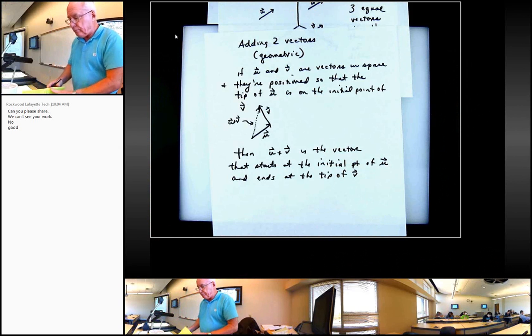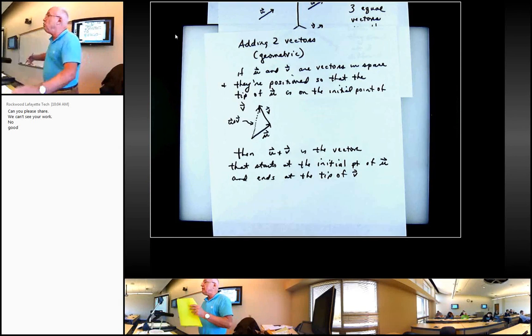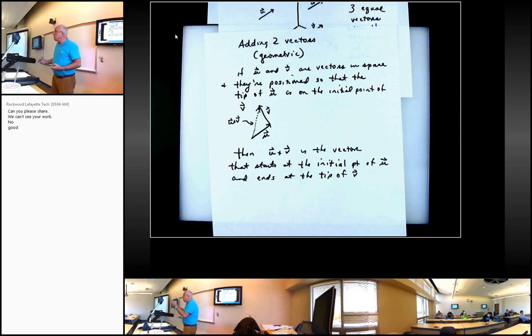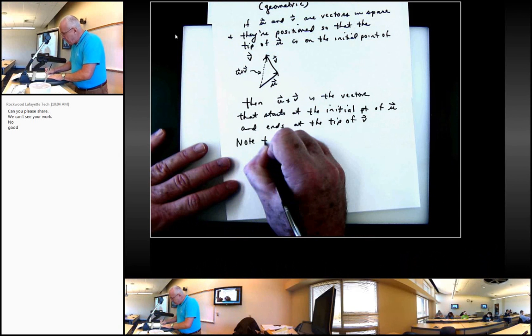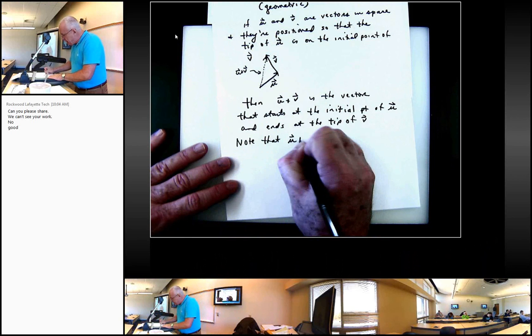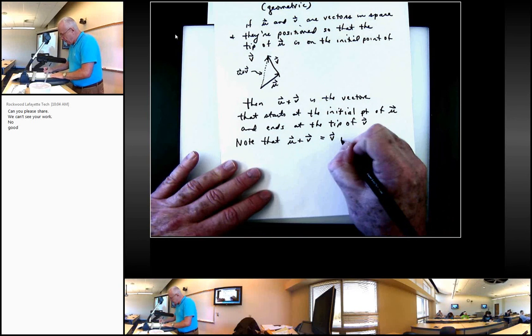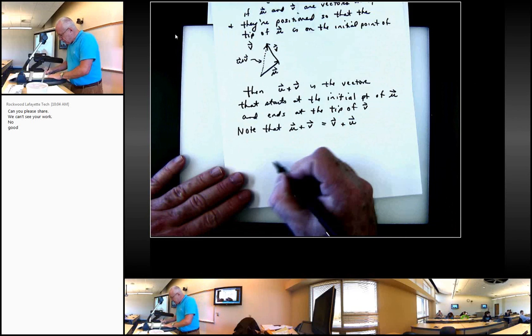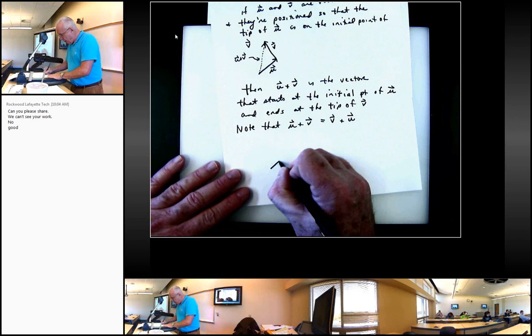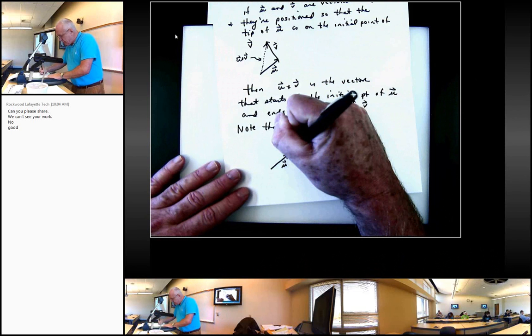All right. Now, we had u and v, and we added u, and then to u we added v. Well, we could have just as well gone the other direction here. So I want to point out that u plus v is going to be equal to v plus u. All right. So let's look at that. So let's draw again. Here's u. And then we're adding on to that v, so I'm starting v right there.